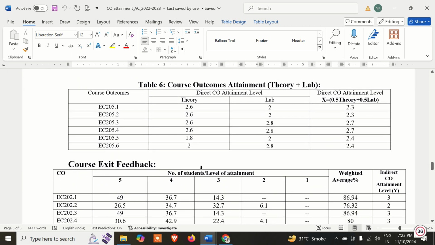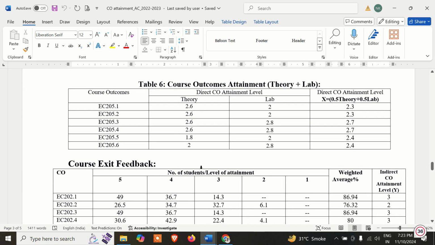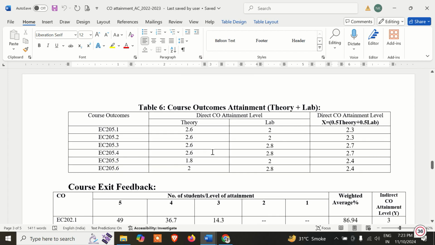Now next comes the next table, number 6, where I am calculating together. This is a unique model at SPIT. Theory and laboratory together they contribute to my CO attainment.